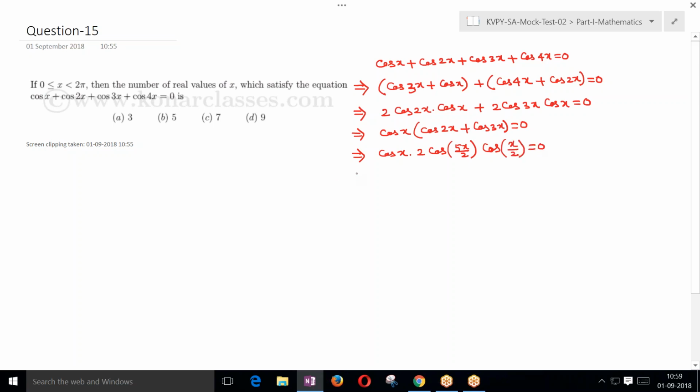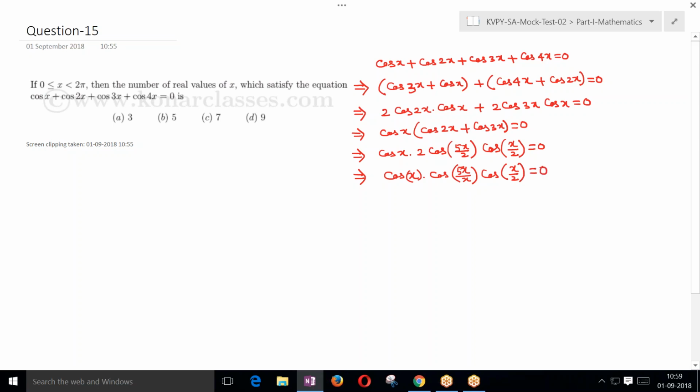Correct? So from here we get cos of x, let me give a bracket, into cos of 5x by 2 into cos x by 2 is equal to 0.